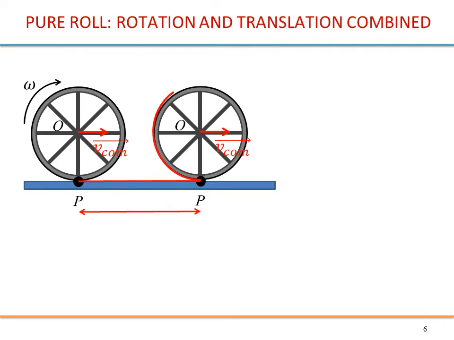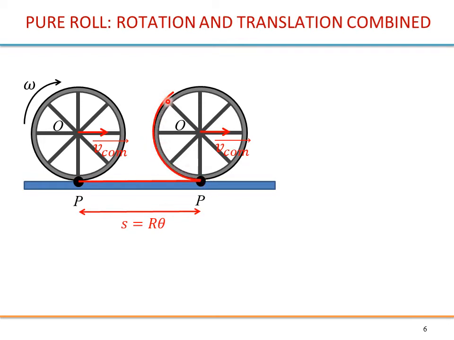Okay, so let's establish some properties of rolling. Here this wheel has progressed from this position to this position, and the contact point P has moved from here to here, and the center of the wheel from here to here. The wheel has turned, let's say, by an angle theta.